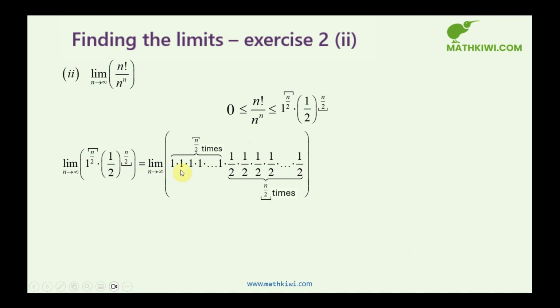And notice that 1 times 1 times 1 times 1, no matter how many times we multiply it by itself here, whether it's 10, or 100, or 500, it will always be equal to 1. So we have such a limit. And 1/2, if n diverges to infinity, meaning there are more and more of these terms, so n is getting bigger and bigger, so it's 1/2 to the power of infinity, really.